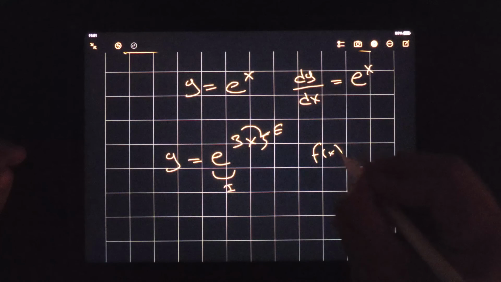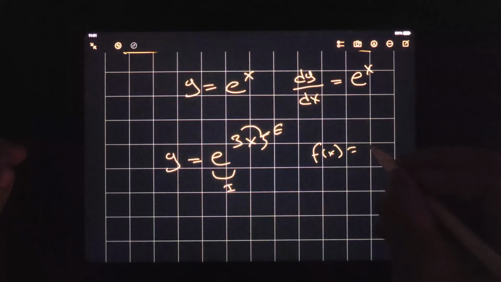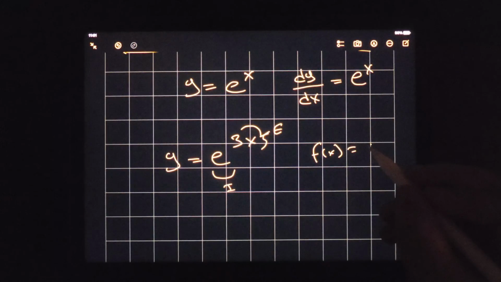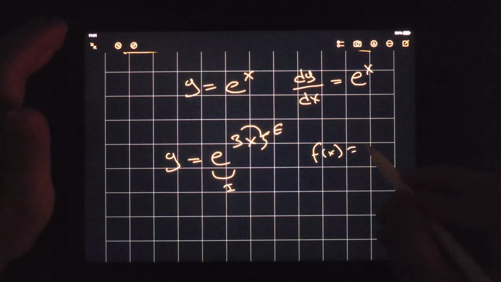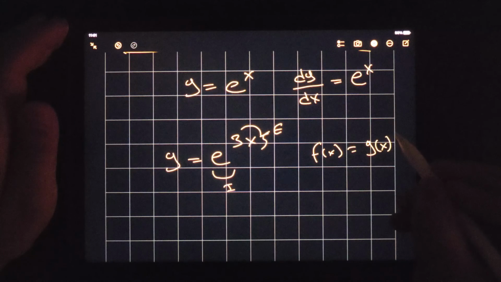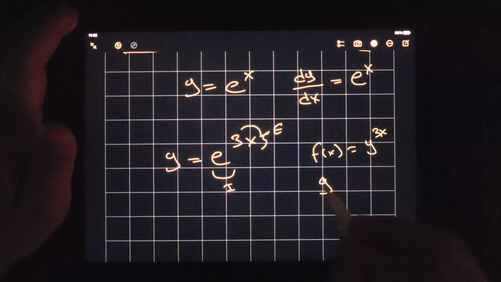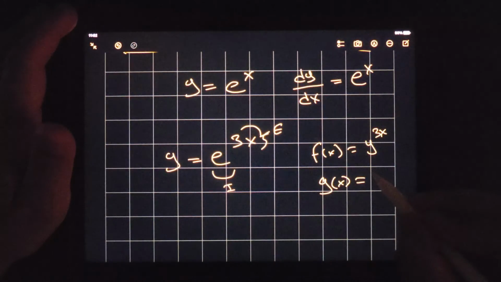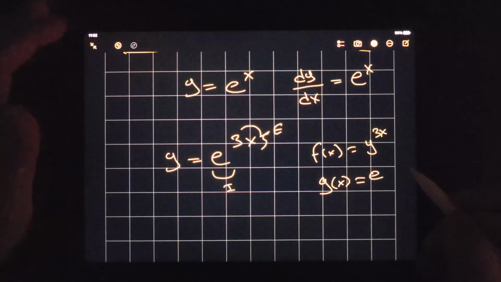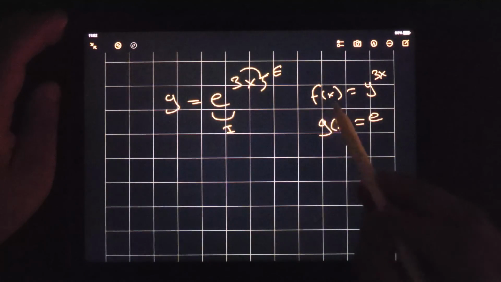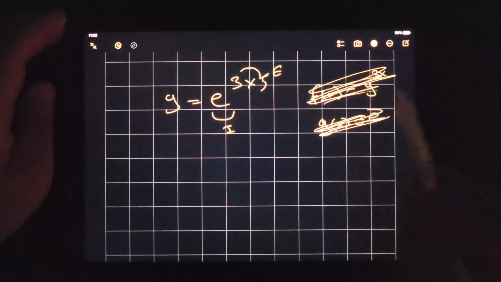Say f of x is e to the power of g of x, where g of x is 3x.